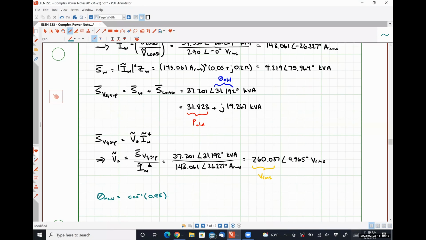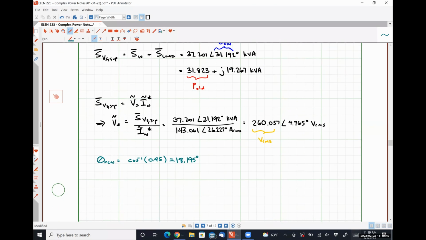We're just increasing it from whatever value the power factor had, which we didn't bother to determine, but that's okay, up to 0.95. We should have a positive sign in front of this arc cosine because we want it to return a positive angle. So the inverse cosine of 0.95 is 18.195 degrees.